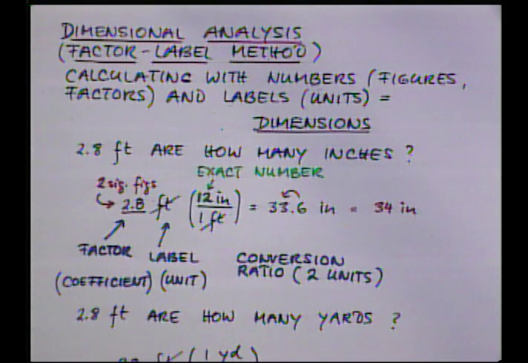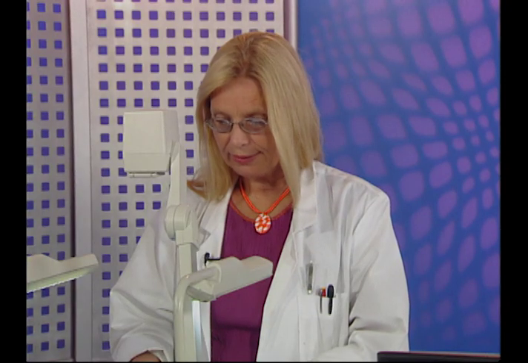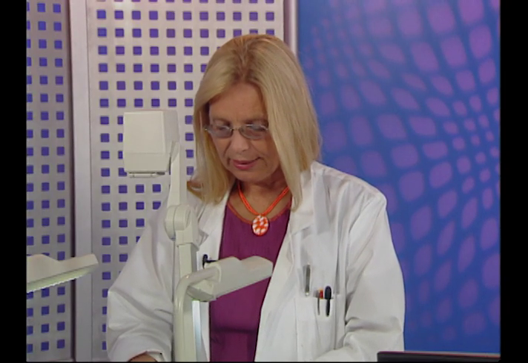Remember, we can set it up one way or the other, upside down or whatnot. So here it's inches over feet, but if we want to convert inches into feet, we would have to switch that ratio and have the feet on top and the inches on the bottom. So we always have to make sure we can cross-cancel the old unit and come up with a new unit. This is what we're always doing in science and chemistry, particularly.